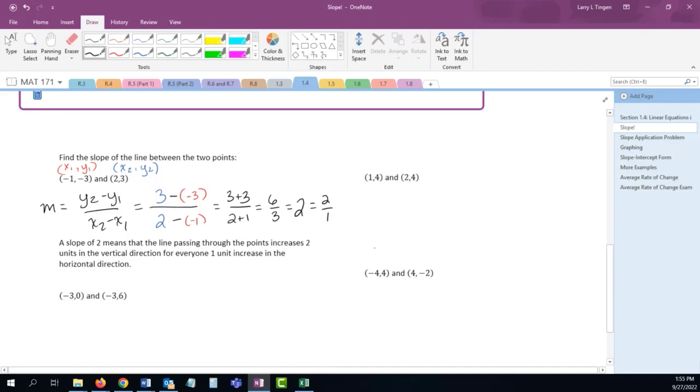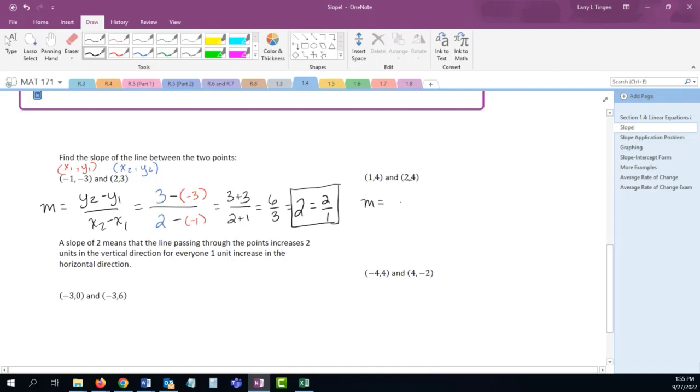Both of these are positive, so that's why you see me saying units in the vertical direction and in the horizontal direction. So I go up 2 and then right 1. All right, so there's my slope. Anytime you get an integer for the slope, always remember that it is itself over 1.